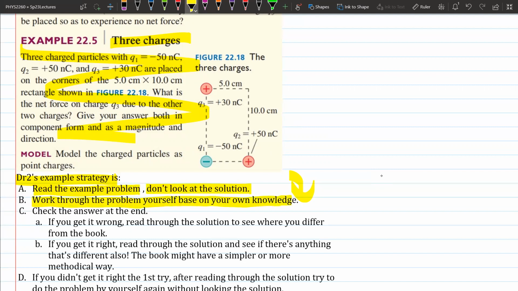You may get stuck or get the problem wrong, but that's actually a very good thing. If you get stuck, that means there's something you need to know that you don't know. So you can go back to the lecture notes, the lecture videos, or read the chapter again and figure out what you were missing. How come I didn't understand how to calculate the repulsion force between these two things? What constant was I missing?